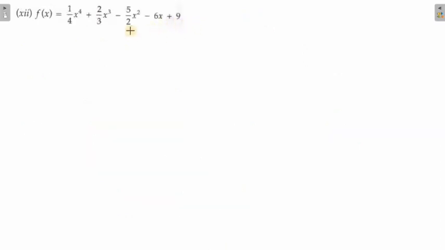In the next question we have x to the power 4, so your power is increasing now. This time you have f dash of x. So f dash of x will be equal to 1 by 4, so x to the power 4 becomes 4x cube, plus 2 by 3 into x cube becomes 3x squared, minus 5 by 2 into x squared becomes 2x, minus 6.